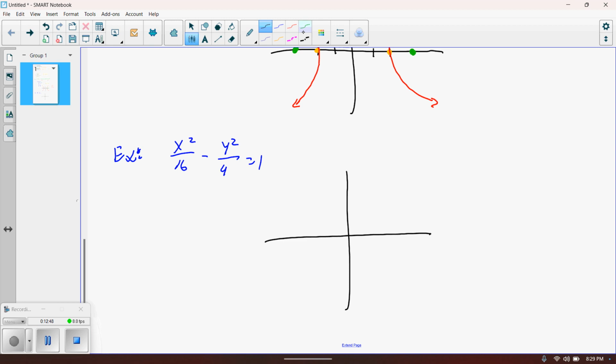So you know that your vertices, just by looking at this, should be at positive or negative 4, 0. 1, 2, 3, 4, 1, 2, 3, 4. We'll go ahead and throw a point on each one of those vertices.